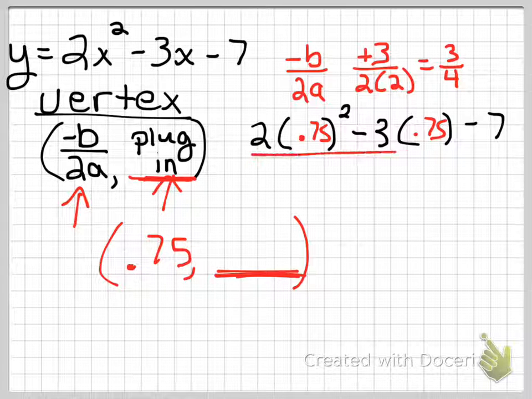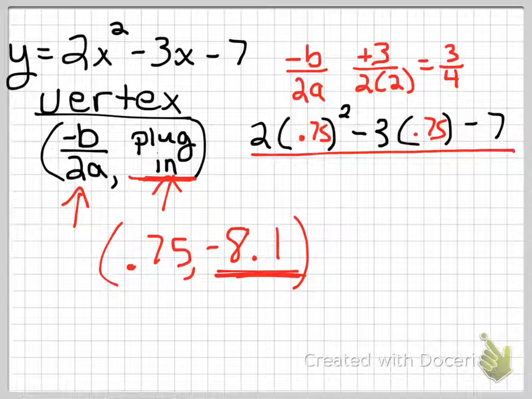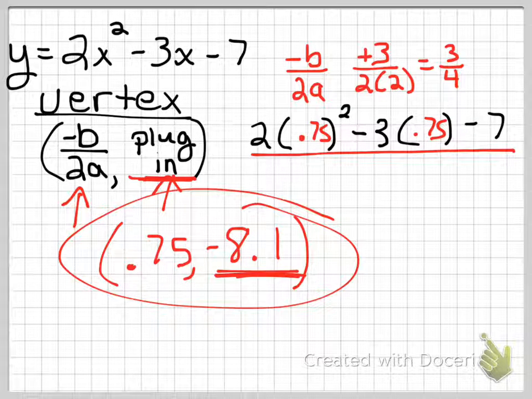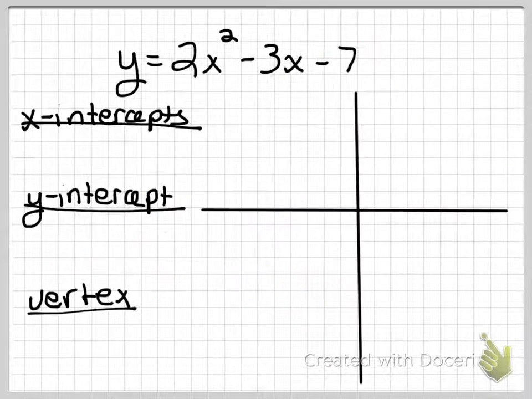Now I just put it in my calculator exactly how it's written there. Enter, and I get negative 8.1 as my vertex. So now I've got all the points that I need. Let me write that down. 0.75, negative 8.1. Now it's time to graph.